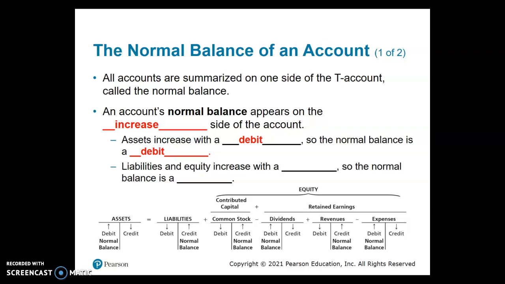Liabilities and equity increase with a credit, so the normal balance is a credit. The normal balance is just how we show the increase to that account.